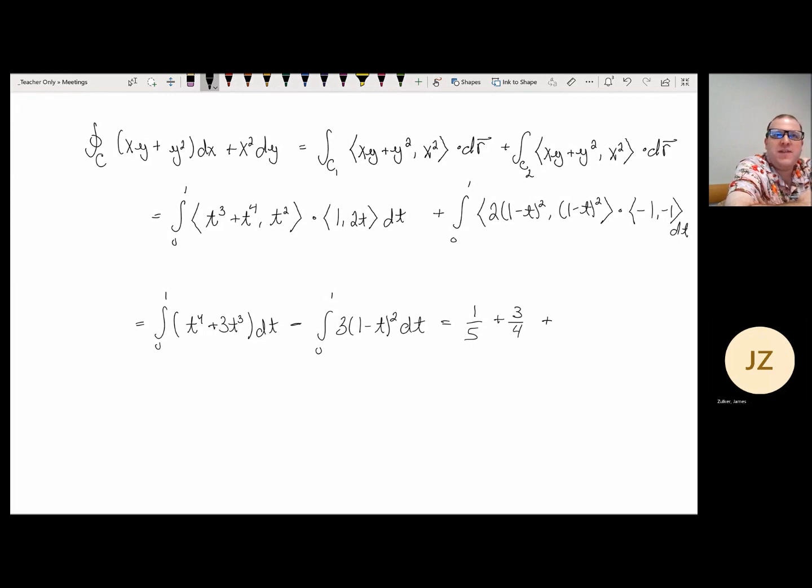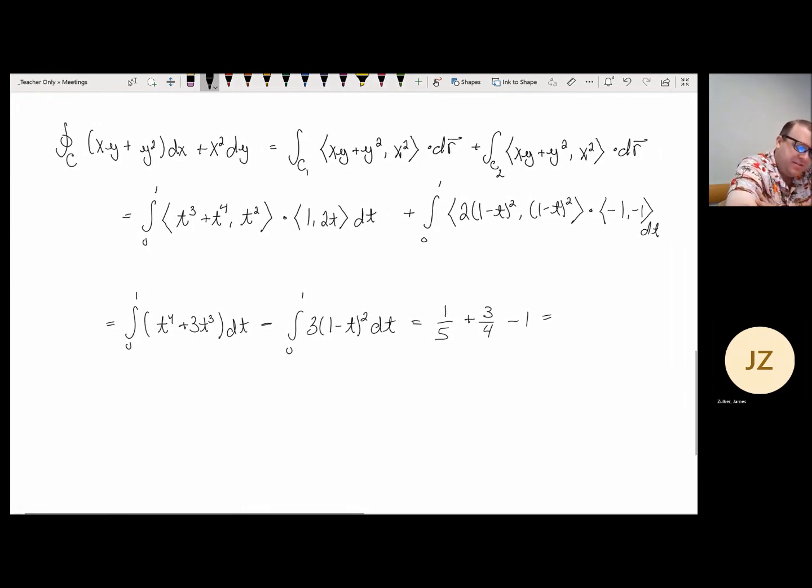One minus t cubed evaluated from 0 to 1. At 1, it's 0. That's negative 1. Fifth plus 3/4, 19/20.